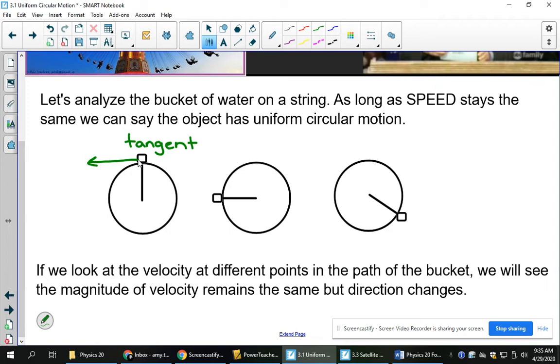They don't keep going in a circle, they go off at a tangent to the circle. Tangent just means it touches the circle at one point, this line. And if I looked here, I would be making a 90-degree angle with the vector of the bucket flying off and the radius of the circle right there, or the length of the string holding the bucket in the circle.